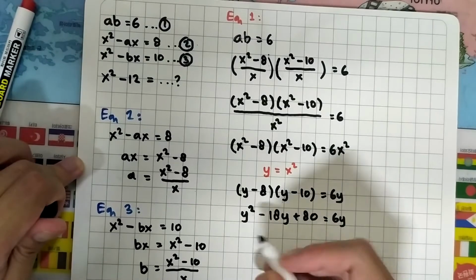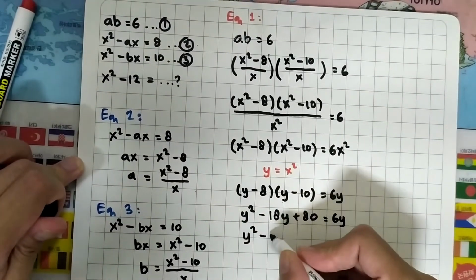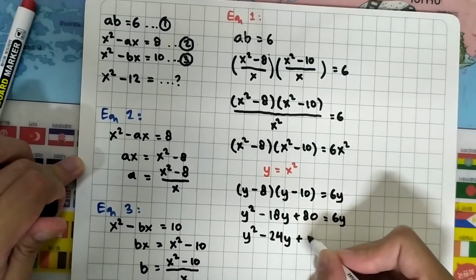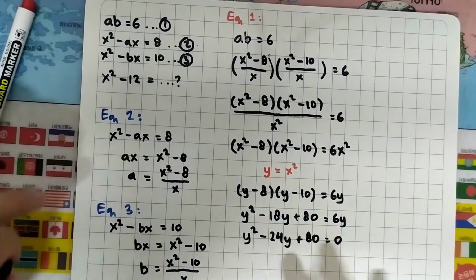And now we can move this as y squared minus 24y plus 80 is equal to 0.